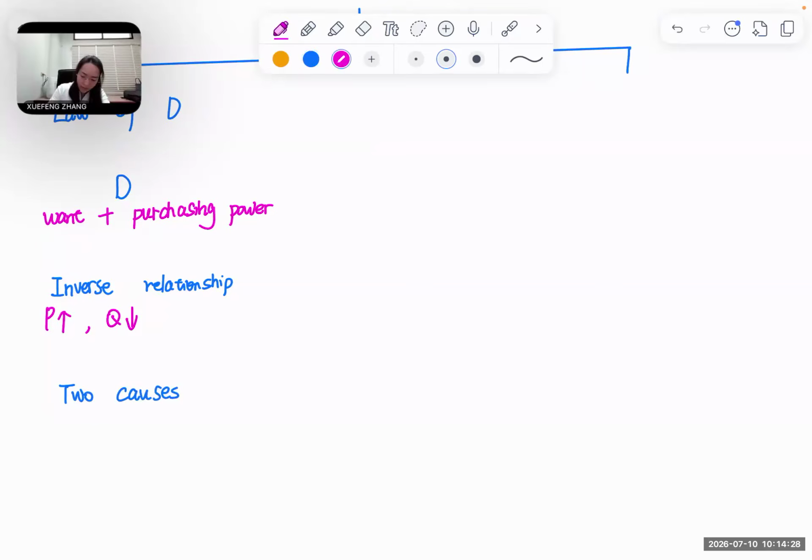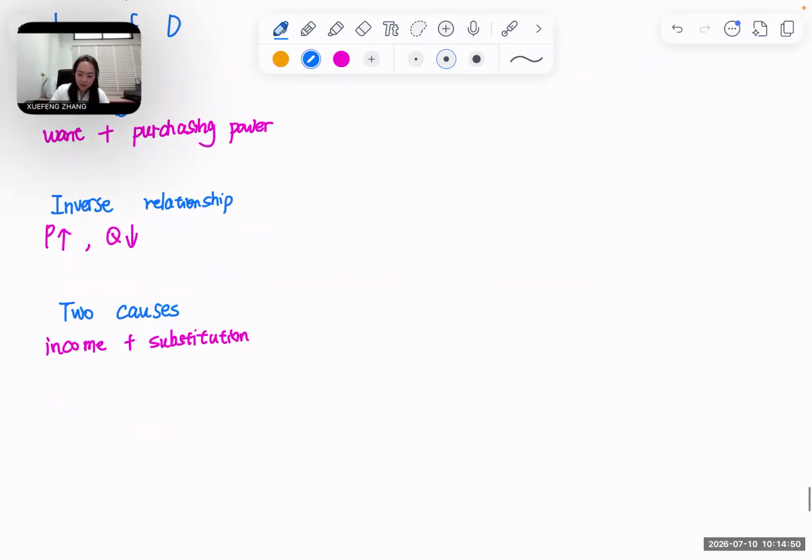And then there are two causes of price effect. We have income effect plus substitution effect. And next one, what is the difference between the movement and shift?